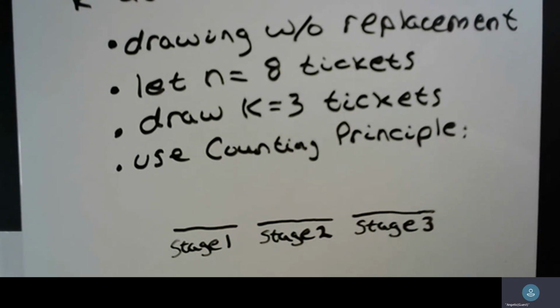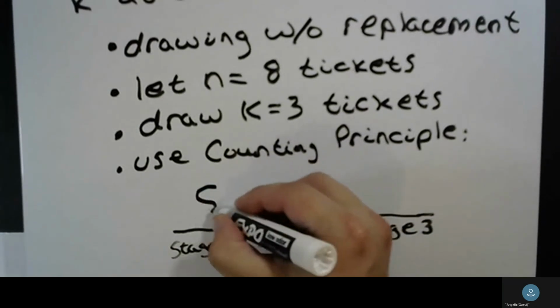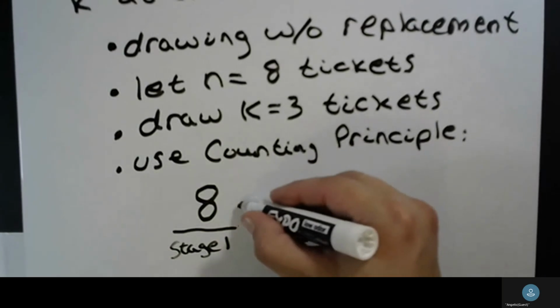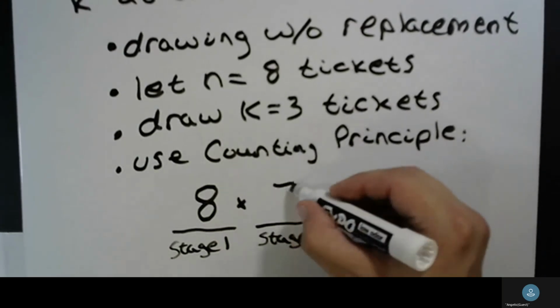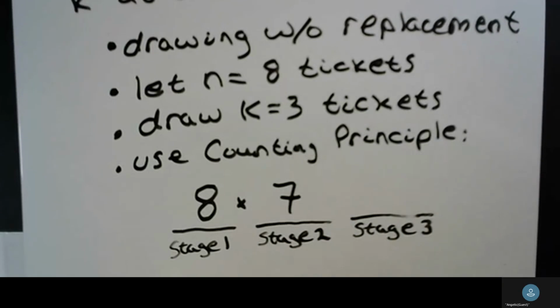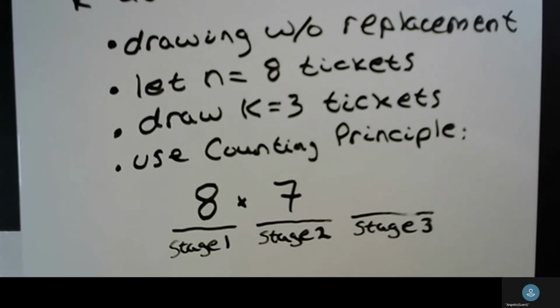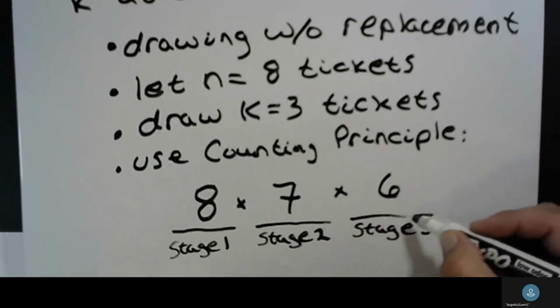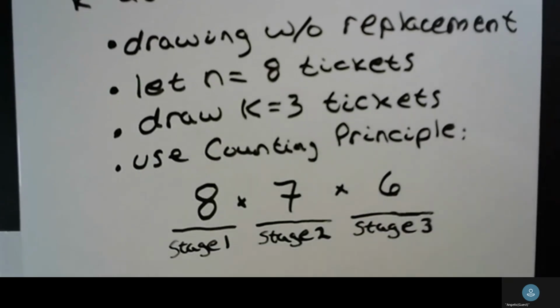So this is going to be like a 3-stage experiment. So for the first stage, we have 8 tickets to pick from. So we pull a ticket out and we put it aside. That means for stage 2, there's 7 tickets to choose from. We pull out a ticket, put it aside. And that means for stage 3, there's 6 tickets to choose from.